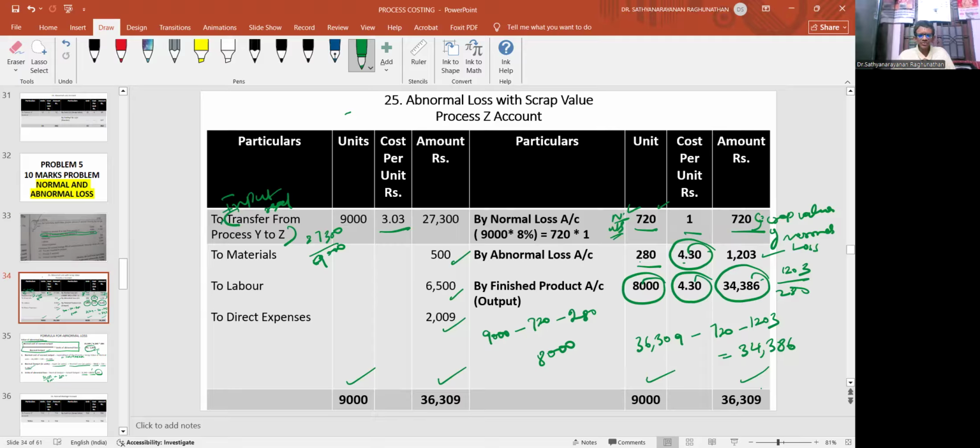So finished product: 8,000 units at 4 rupees 30 paisa each. The final value is 34,386.